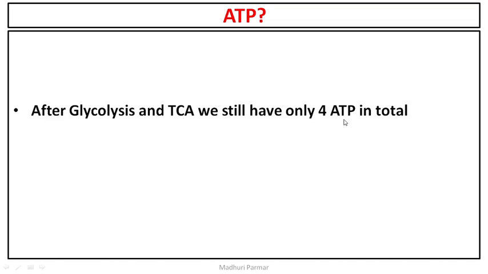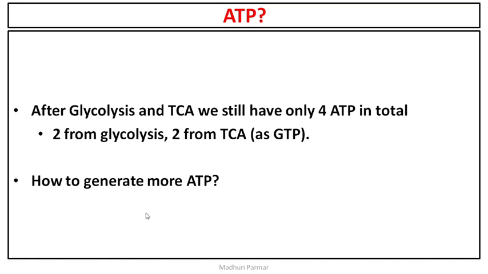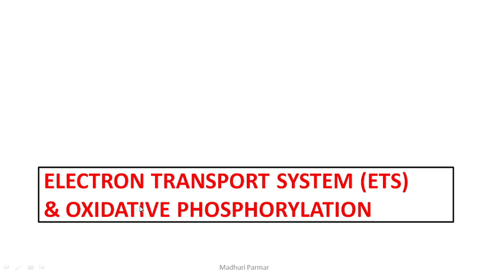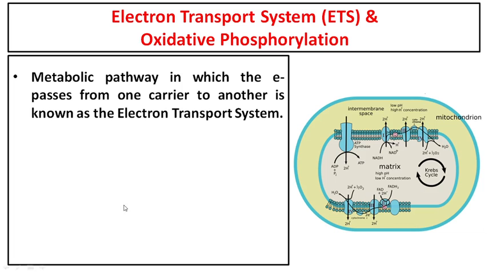We were promised a lot of energy, right? Where is all that energy? How do we generate more ATP? That we will study in the ETC or ETS, the electron transport system, and oxidative phosphorylation.